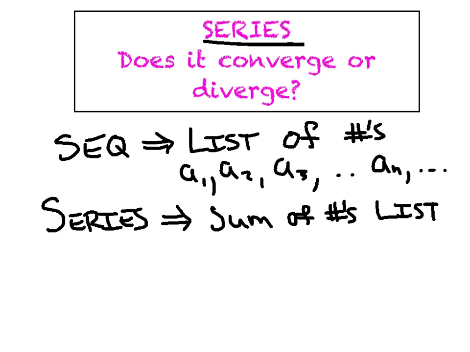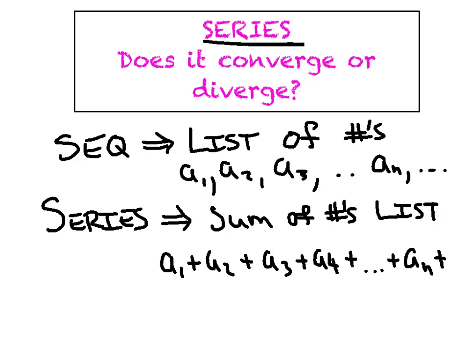To make a long story short, we're going to replace all the commas with plus signs. So now it's a sub 1 plus a sub 2 plus a sub 3 plus a sub 4 plus dot dot dot plus a sub n plus dot dot dot. Again, the dot dot dot is very important because it just goes on forever and ever.